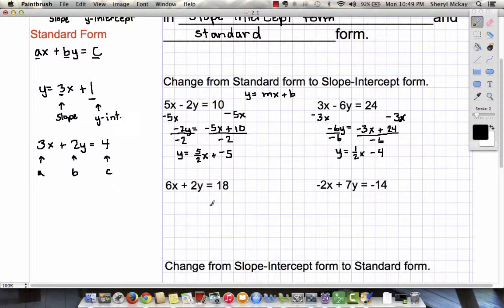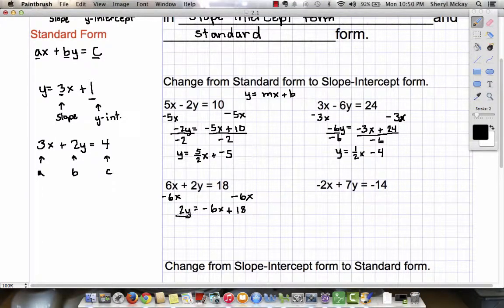So what did you pick? Did you choose the correct format? Did you do it like this? Here's what I would do. I would subtract 6x from both sides. 2y equals negative 6x plus 18.